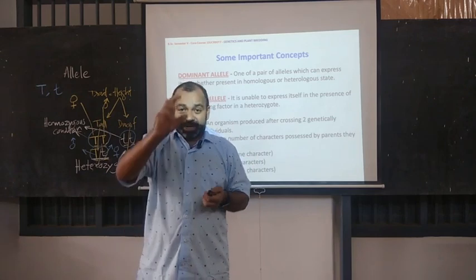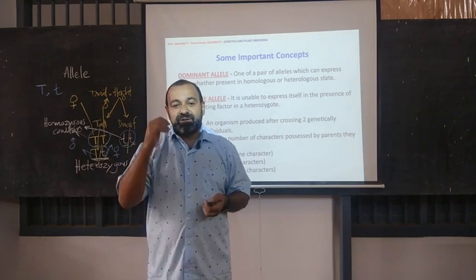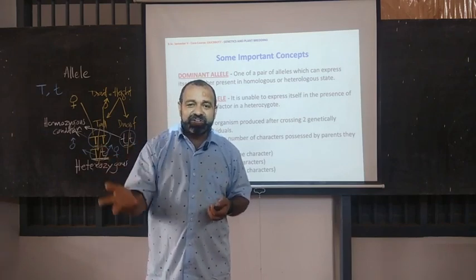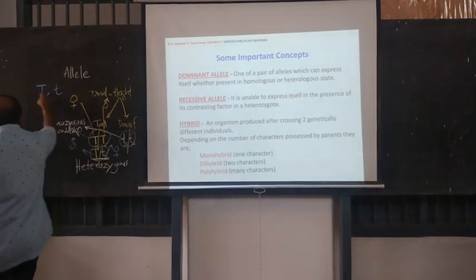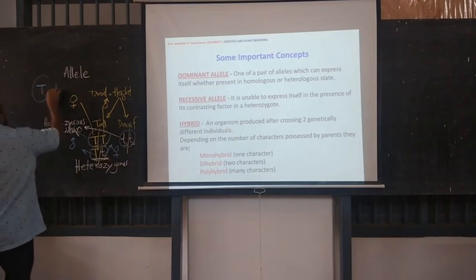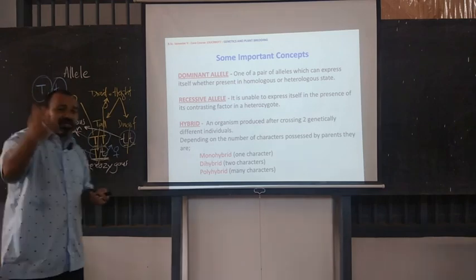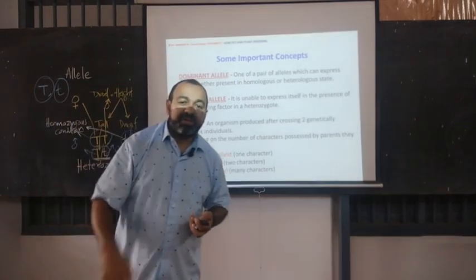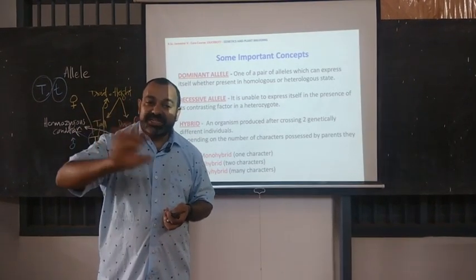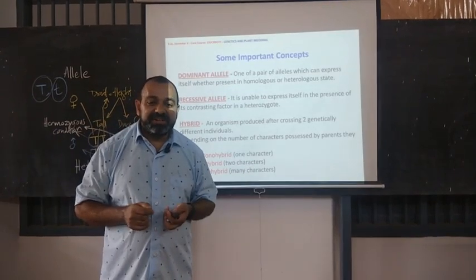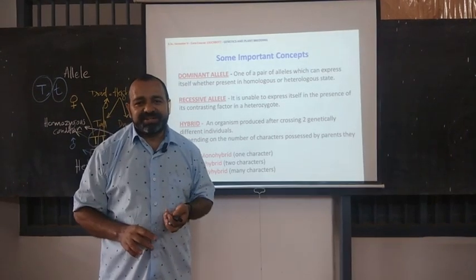So in genetics, the allelic form which is expressing in the next generation is called a dominant allele, which is represented by a capital letter. The one which is suppressed or unable to express in the next hybrid is called a recessive allele. A recessive allele doesn't mean that it is dead or gone. For the time being, it is keeping silent.